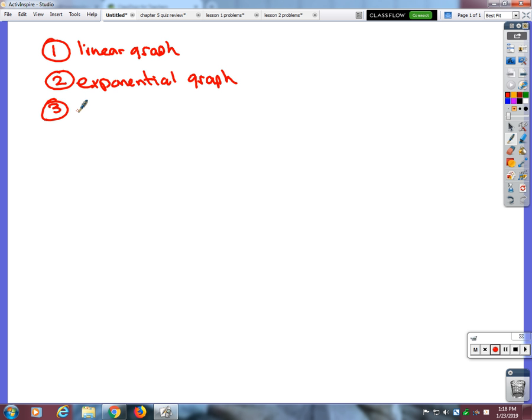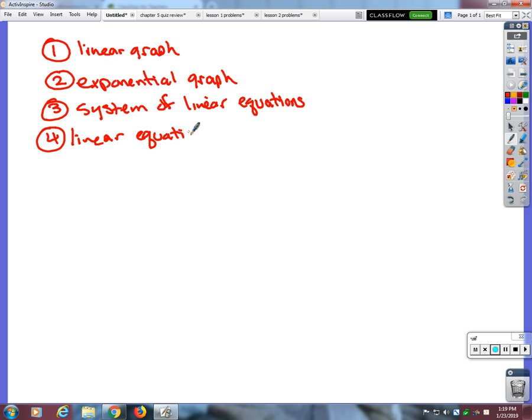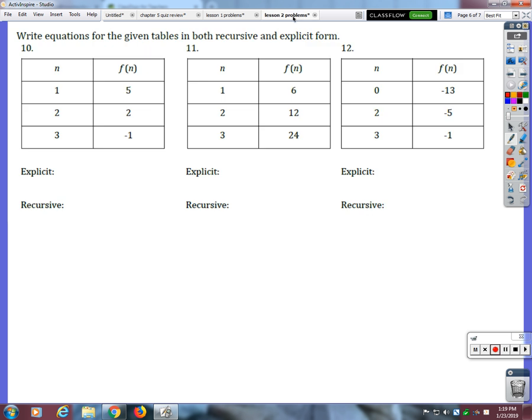We had a system of linear equations, and then we had one linear equation so far we decided to solve, and then we also had an exponential equation. Okay, so those are our 5 questions so far.